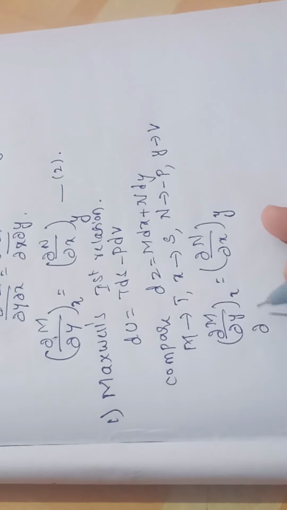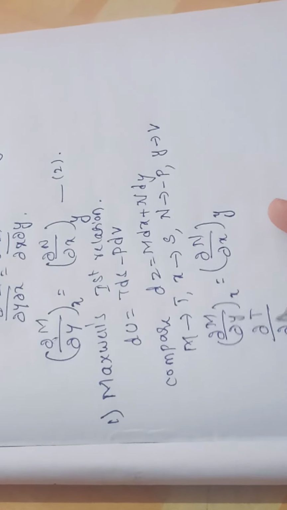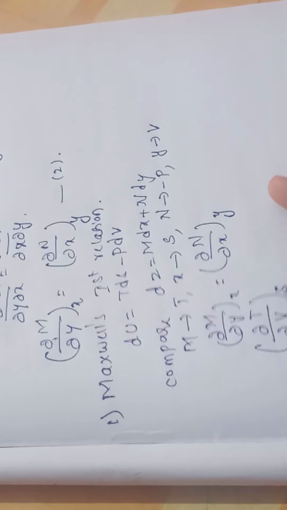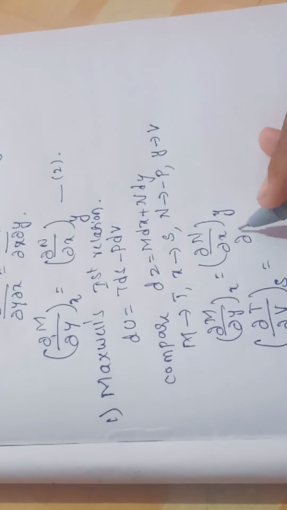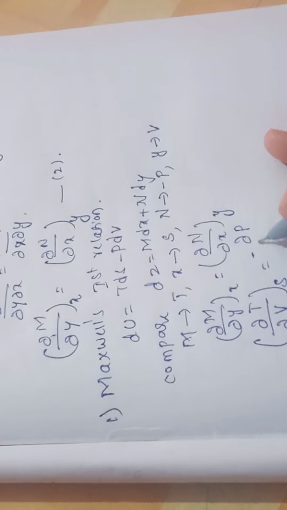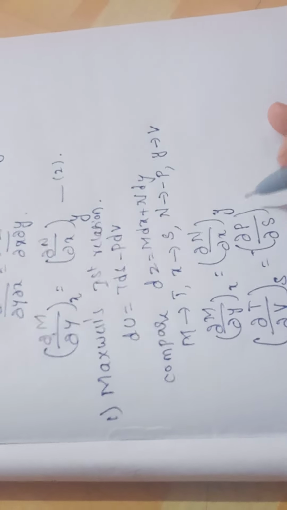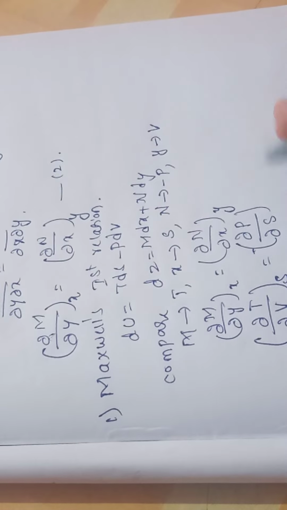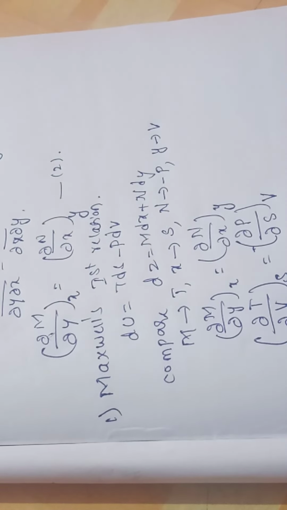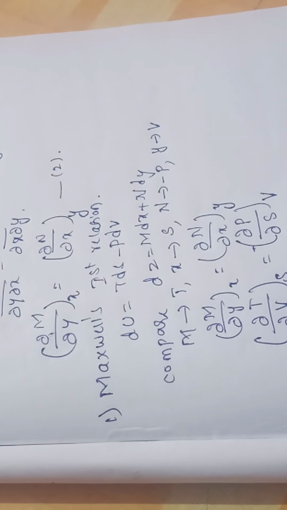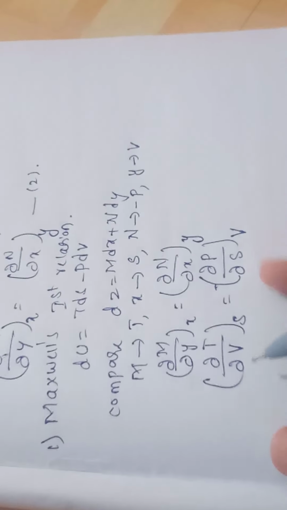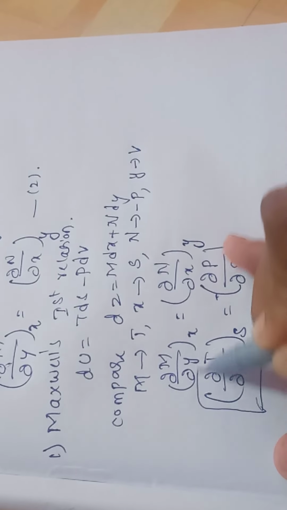So dou T by dou V at S is equal to minus dou P by dou S at V. This is Maxwell's first relation.